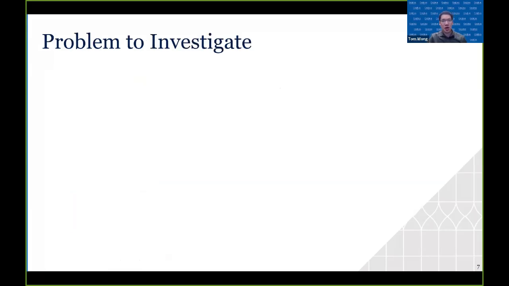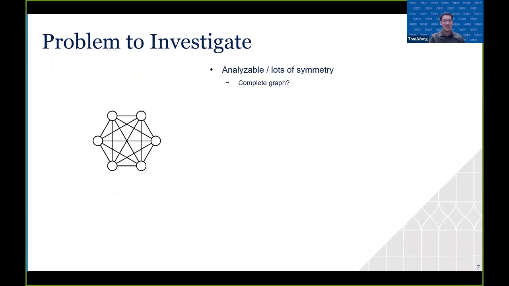All right, so we need a problem to investigate in order to compare these three types of quantum walks. We want a graph that is analyzable, that has lots of symmetry, where even for me as a physicist, I can prove something about it. What graph has the most symmetry and is the easiest to analyze? Well, I usually think of the complete graph.